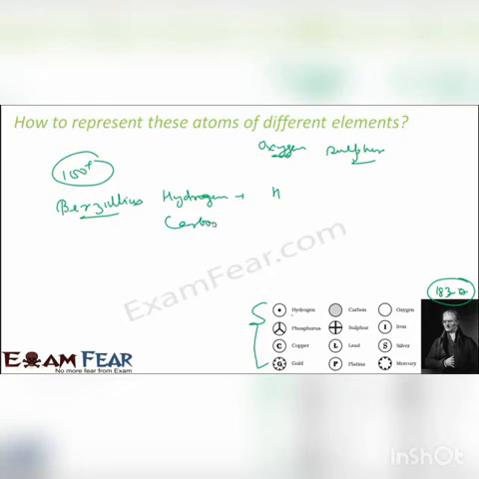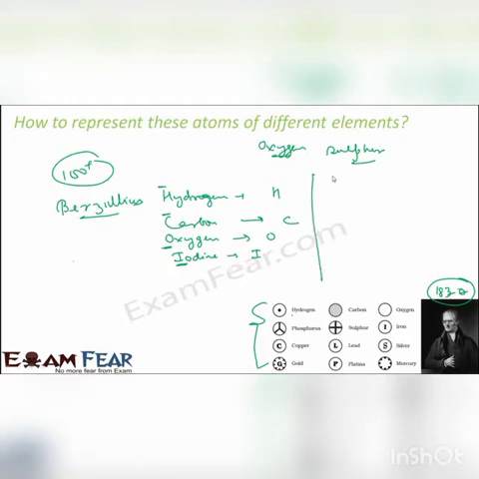Carbon, since it is also common, is represented by C. Even if you see, oxygen is also very common, so oxygen is represented by O. The first letter of oxygen, the first letter of carbon, the first letter of hydrogen. If you talk about iodine, that is also represented by the first letter, that is I.